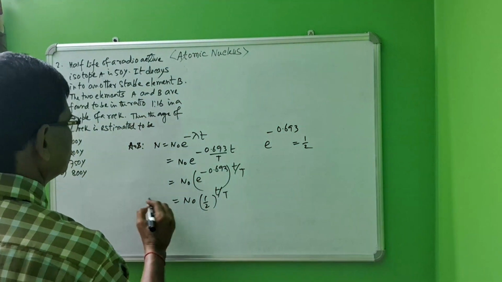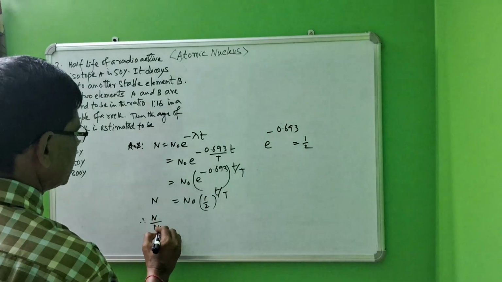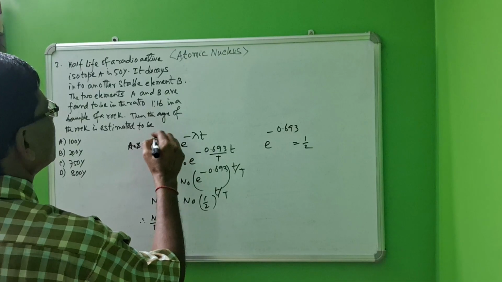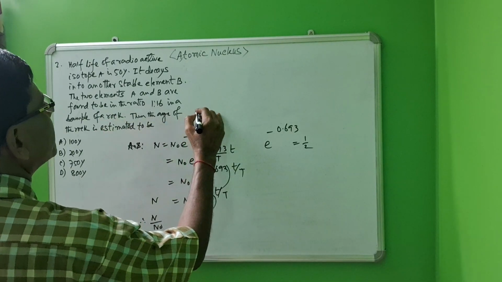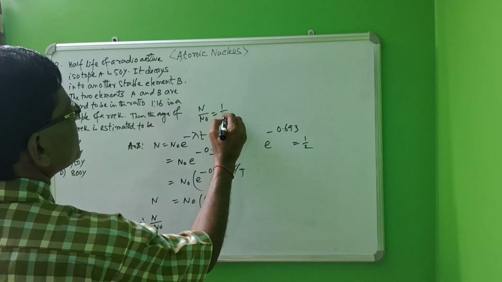So here N equals this, and now from the problem we get N by N0 equals 1 by 16.